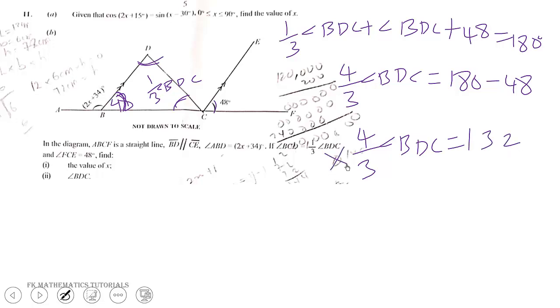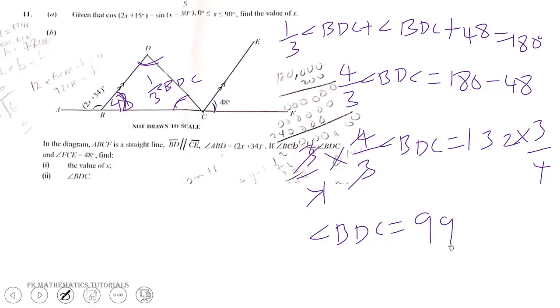So times both sides by 3 over 4, which will give us 1. So angle BDC will be equal to 132 times 3 over 4. That will give us 99. So angle BDC is 99 degrees.